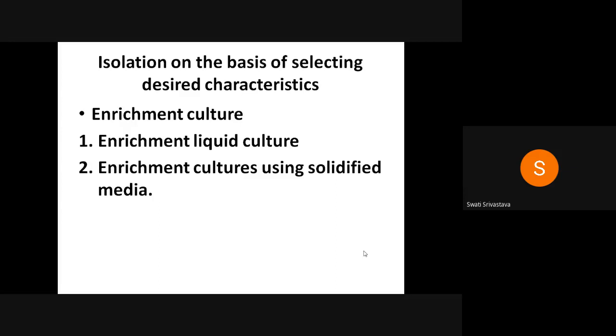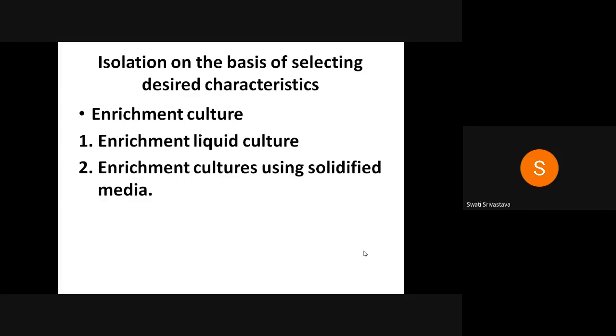First we take up the isolation on the basis of selecting desired characteristics. This is particularly done with the help of enrichment cultures. Enrichment culture means you are providing some kind of additional input to the growth medium so that only the particular species grows.